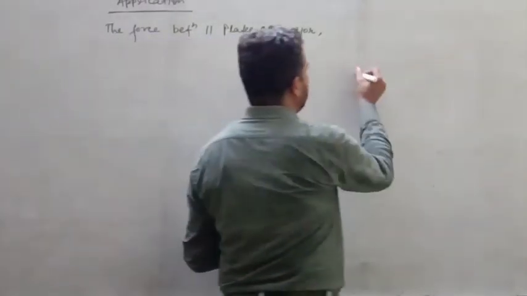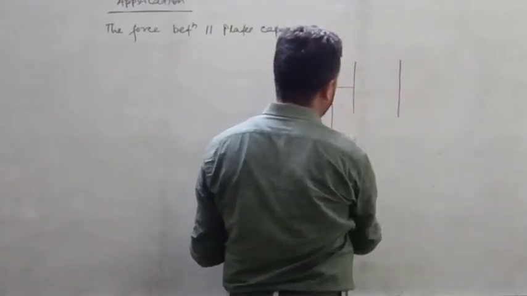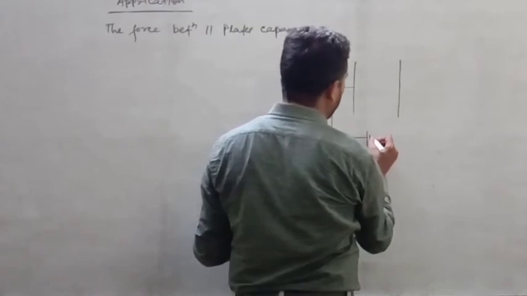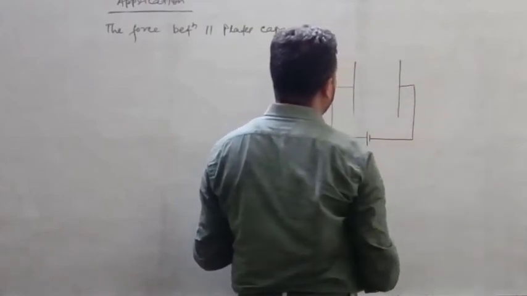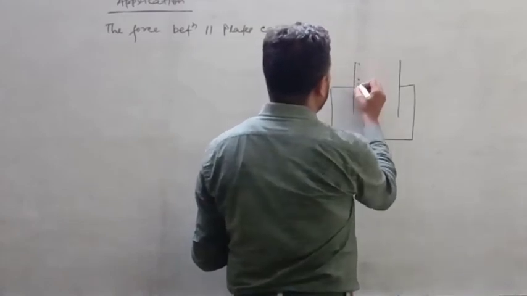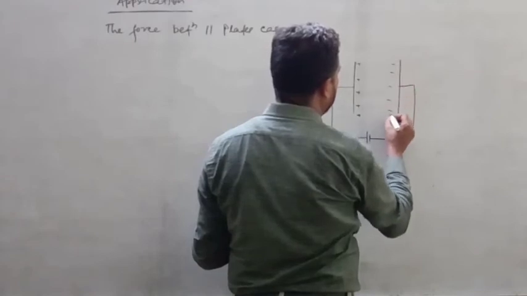See, there is a parallel plate capacitor. What's happening there? One terminal is connected with the positive terminal of an EMF, and the second one with its negative terminal. So what happened? This becomes positively charged, the other one becomes negatively charged, right?